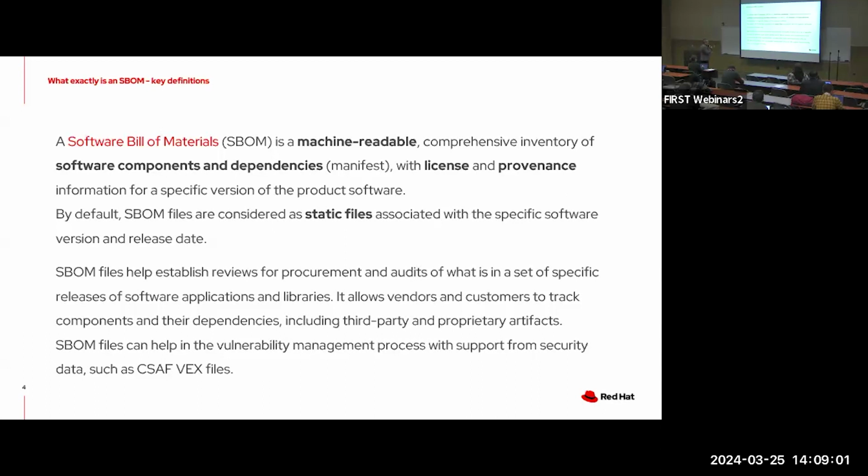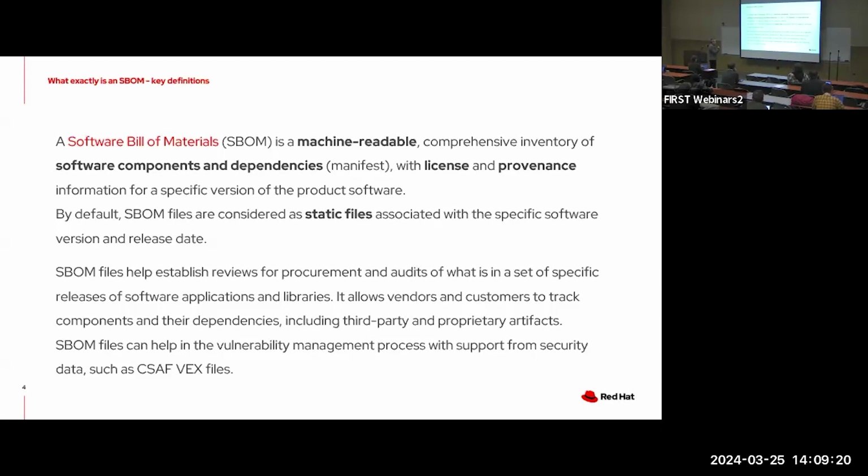By default, SBOM files are considered to be static files associated, like I already mentioned, with the specific version of the product and release date. In other words, an SBOM file is a representation of the product for that particular point in time.